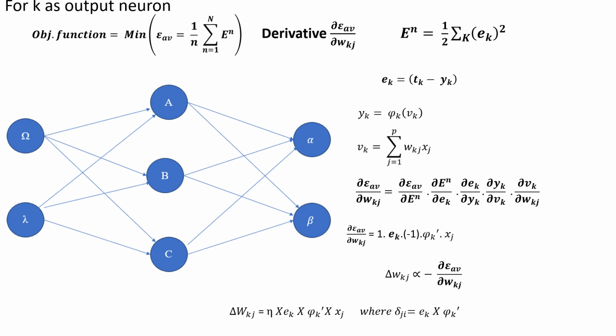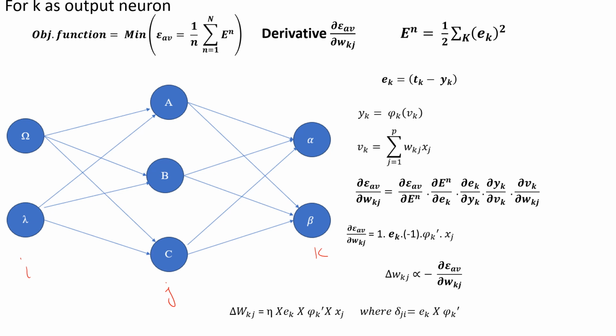This is a quick recap of what we did in the last video. We calculated the derivative of error with respect to the weight. Again, I'm changing the convention: the jth neuron is in the hidden layer, the ith in the input layer, and the kth in the output layer. I cannot directly calculate the derivative of error with respect to weight.